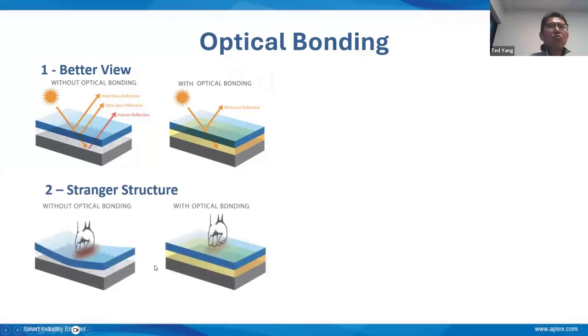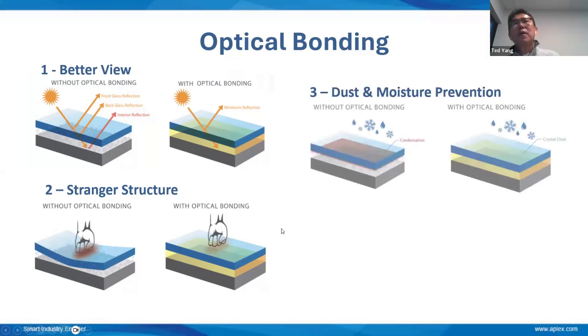Stronger structure. Once you have the optical bonding, it fills the gap, so it makes the entire glass much stronger than it was. And then there's moisture prevention. What is so important about this, especially for outdoor? Because outdoors the temperature changes very dramatically, especially in the morning when you are using the panel PC, because it's been cold the whole night.